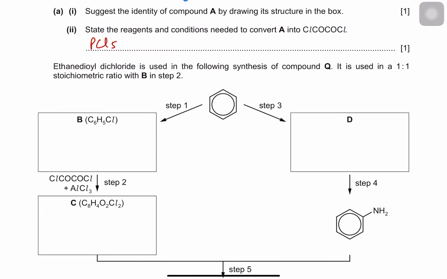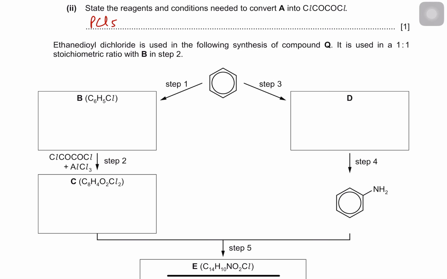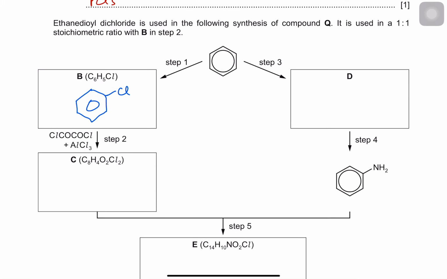Benzene in step 1 gets 1 chlorine. So very simple, make a benzene and attach one chlorine. In step 3, you are making NH2. You can't add NH2 directly, you have to add a nitro group first.